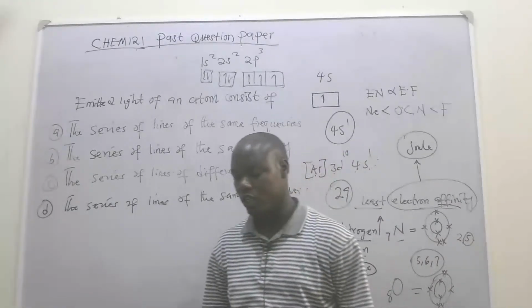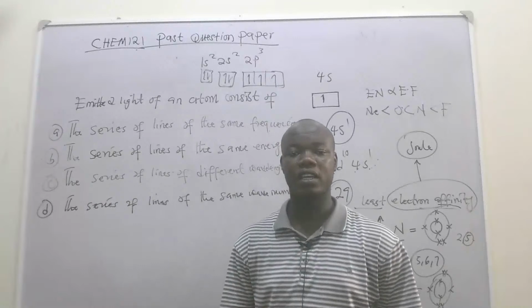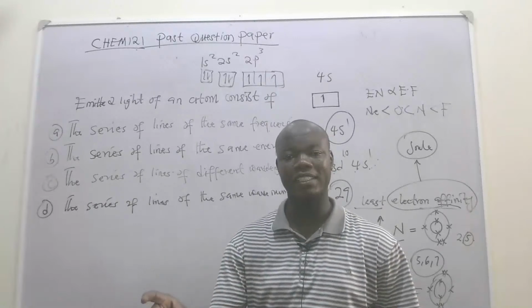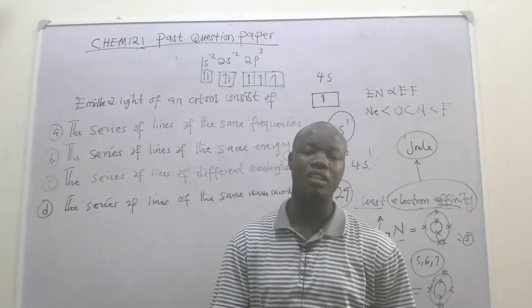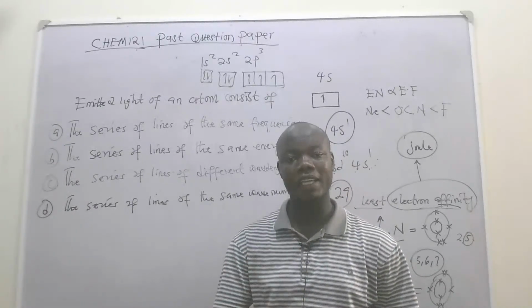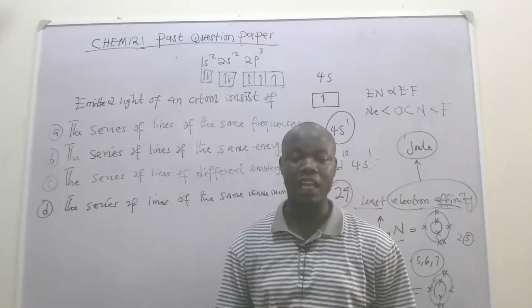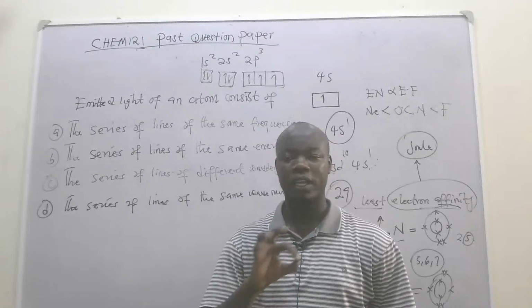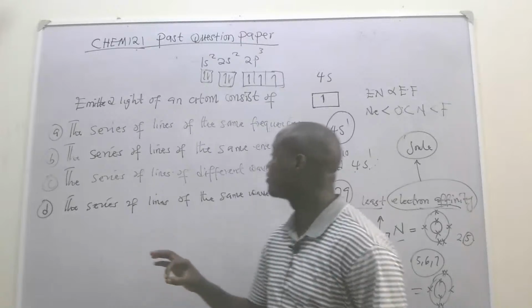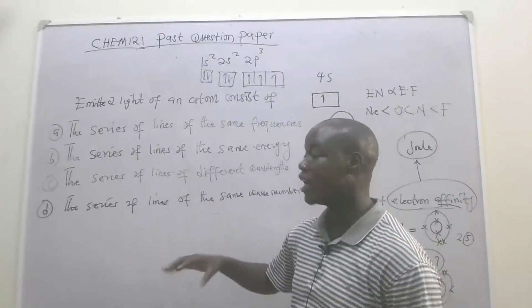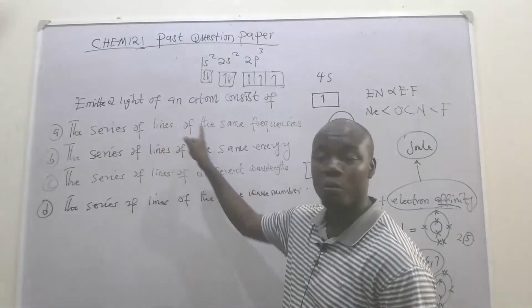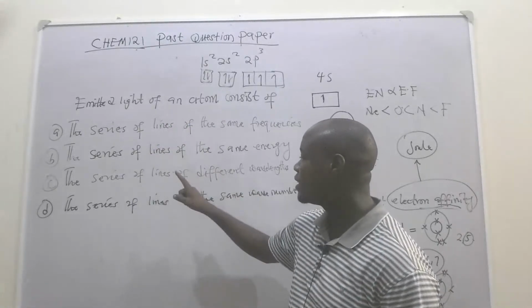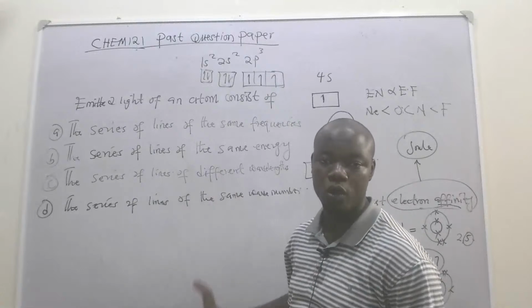For example, if you want to identify an element, the series of lines emitted by potassium is different from the series of lines emitted by hydrogen. It's different from the series of lines emitted by calcium. So a series of lines is emitted from the atom, and each of those lines has a different wavelength.